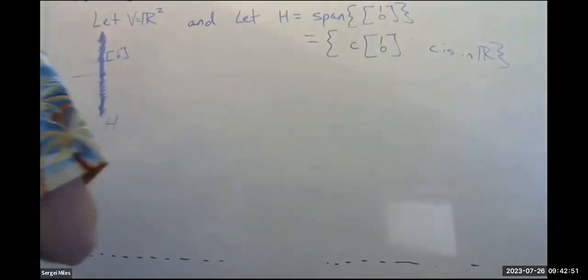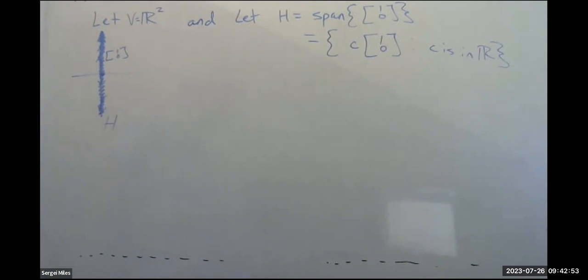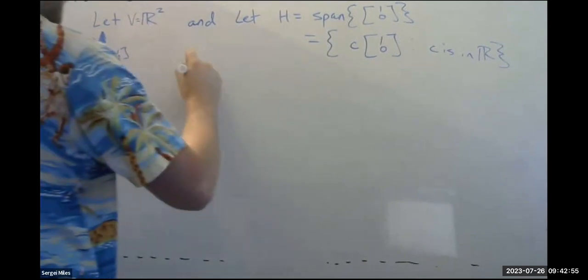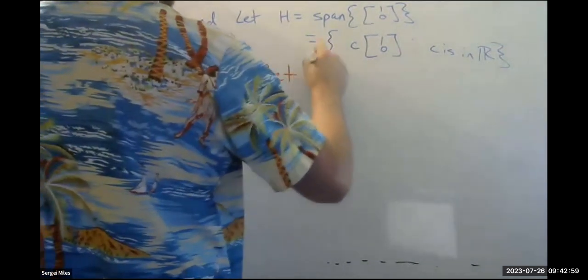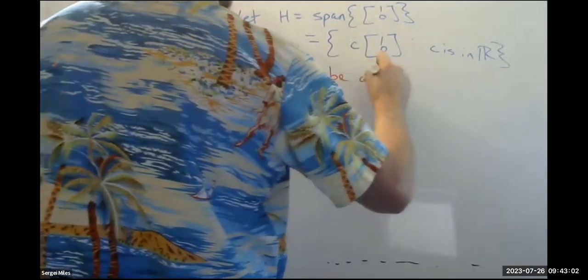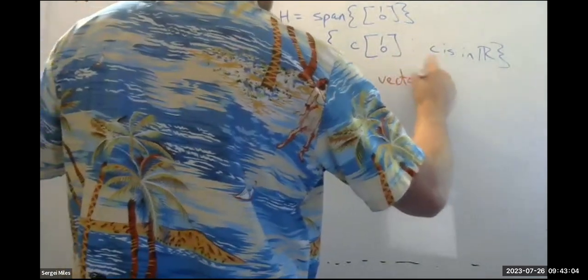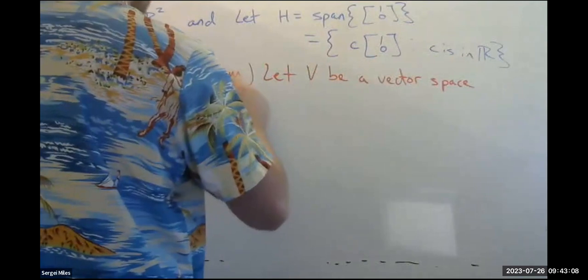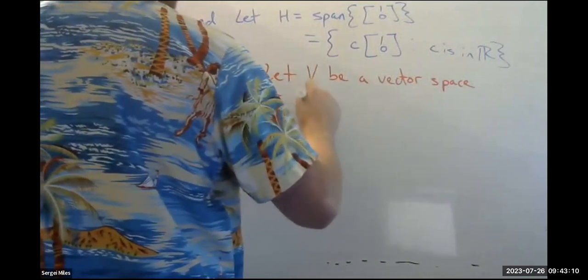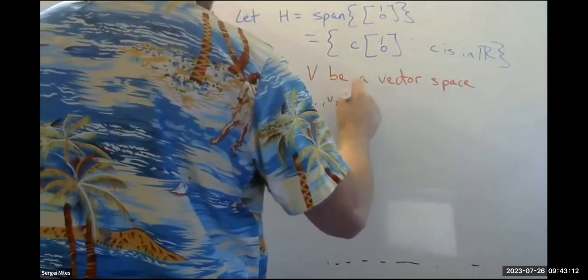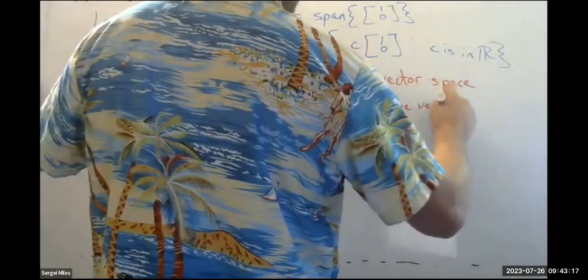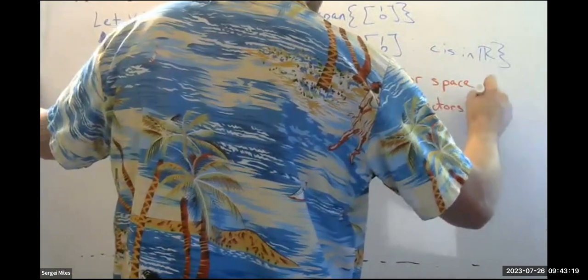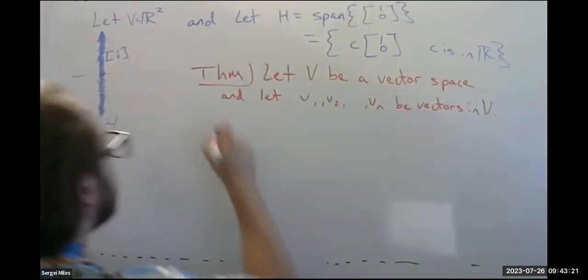So we have a nice theorem here, which says: theorem, let V be a vector space, and let V1, V2, ..., Vn be vectors in V. Okay?